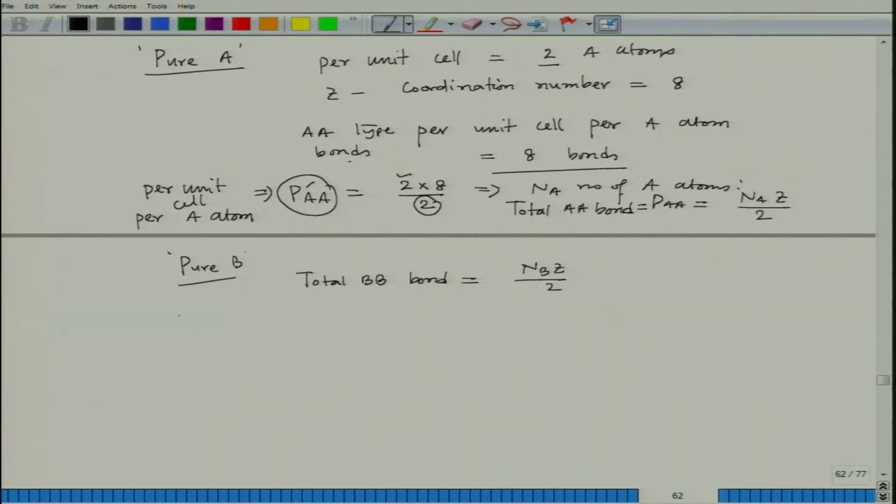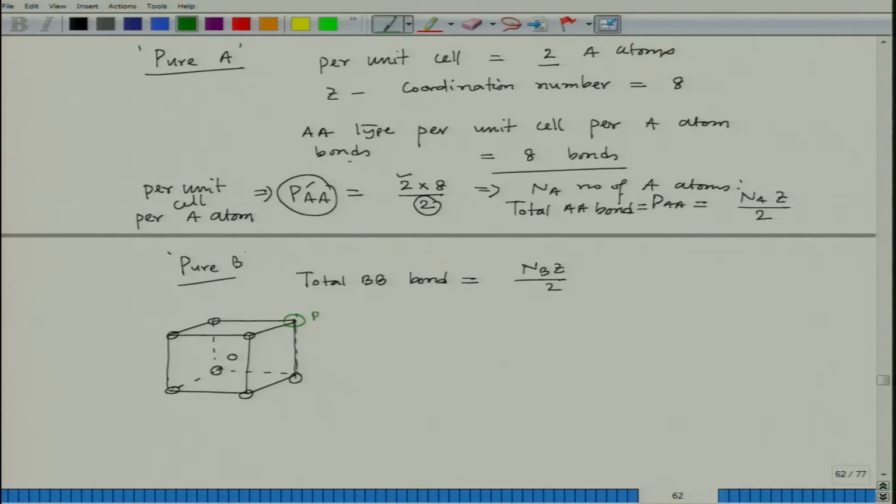Let us say in this particular unit cell all are A atoms, including the center atom, but one of the corner A atoms has been replaced by a B atom.